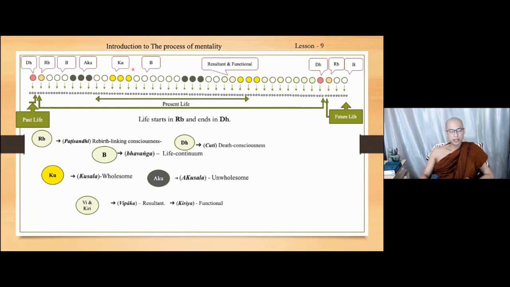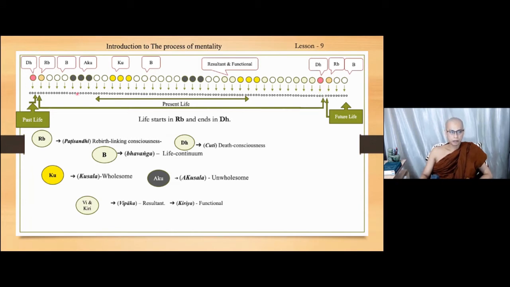In this slide, I mentioned the process of mentality in samsara. The death moment, the first one, is in the past life. Our present life starts from the rebirth linking consciousness of this life, then ends in the death consciousness of this life.